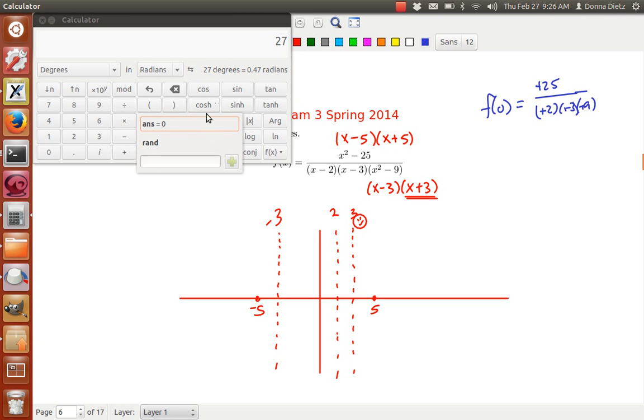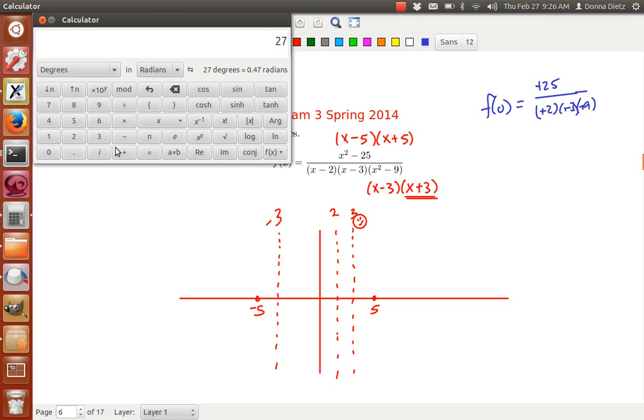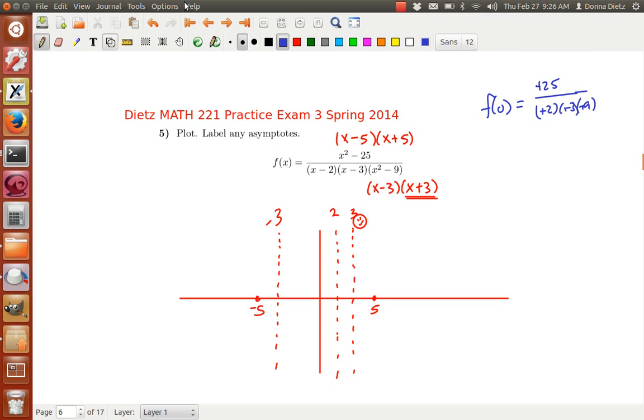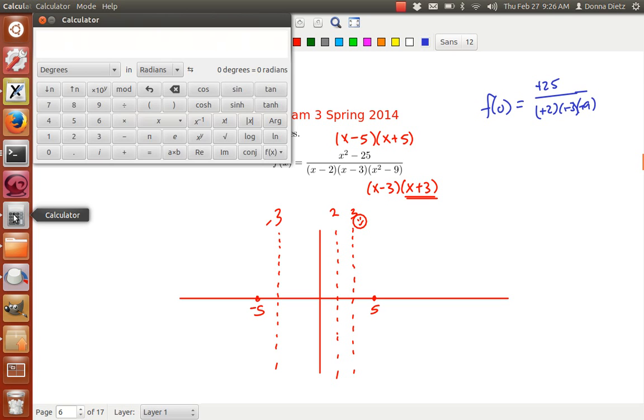I messed up my calculator. But anyway, the denominator is going to be about twice as much. 27 times 2 is 54, and then 25 divided by 54 is 0.48. So about half.